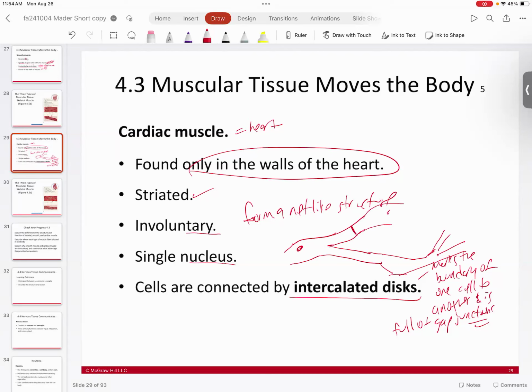This is an intercalated disc. So you can see they're interconnected with each other like that.